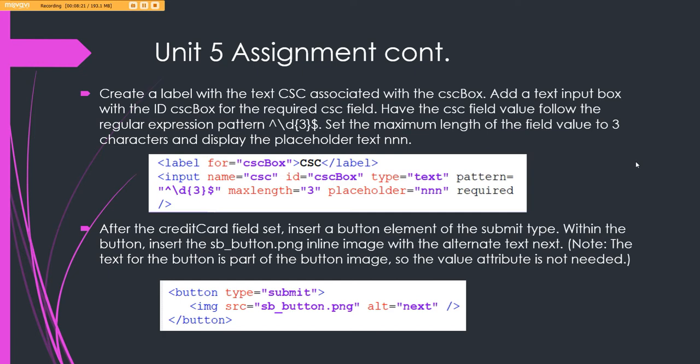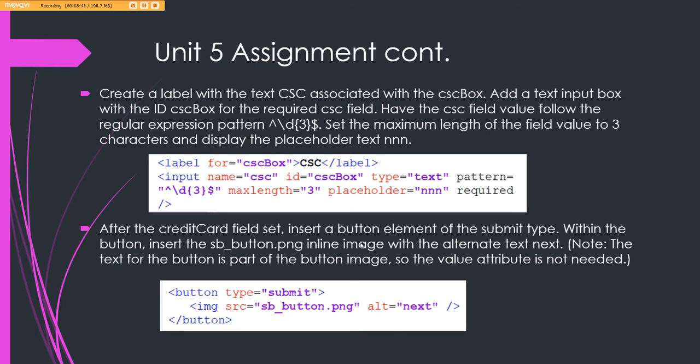Have the CSC field value follow the regular expression pattern. Set the maximum length of the field value. So this is like the 3-digit card number on the back of your credit card. So you're actually creating a place to put that.